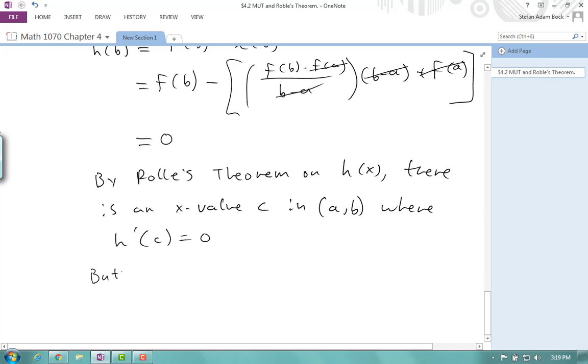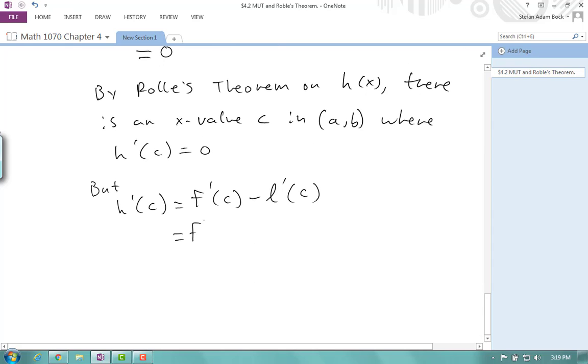But h'(c) is equal to f'(c) minus L'(c). But L'(c), the slope of this line, is going to be exactly f(b) minus f(a) all over b minus a.